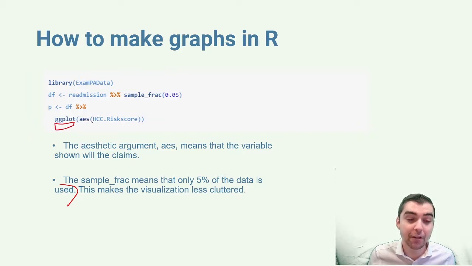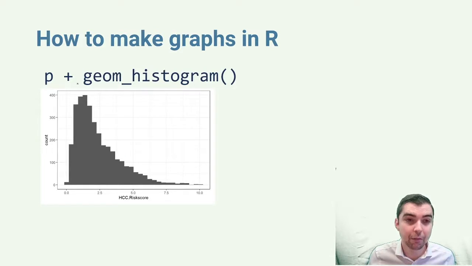Gg is for a geometric something, and AES is aesthetic. So in the aesthetic argument, you always put the variable that you want to see in the graph. Once you have this geom object P, you then add to it a graph.